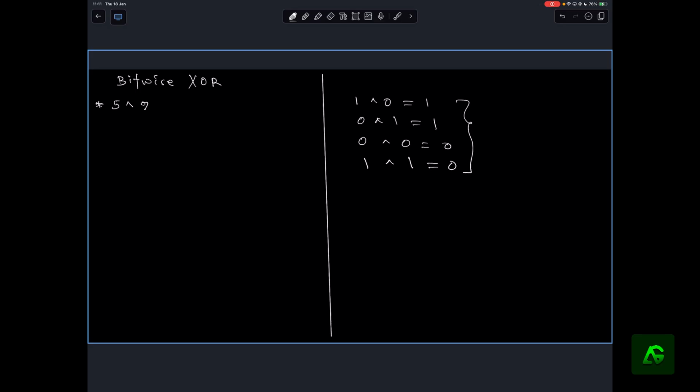So 5 XOR 9 is what we want to deal with, right? Now 5 in base 2 is 101, right?